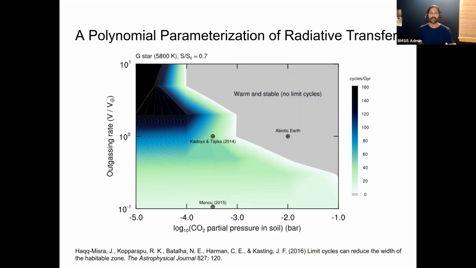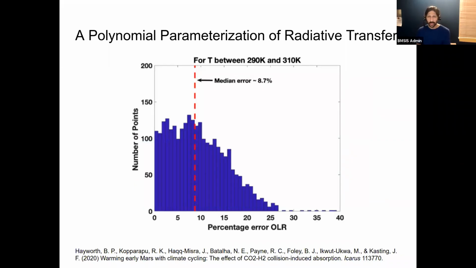And here's just an example of the error that you get from one of these polynomials. I admittedly picked one of the worst case scenarios just to make the point. This is a paper that Ben Hayworth published recently, and this is an error from the polynomial fit developed for that paper. So a median error of about 8.7% in OLR, and that covers the primary range of interest for this problem.